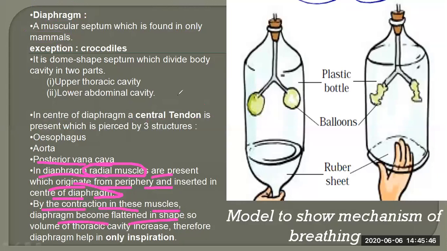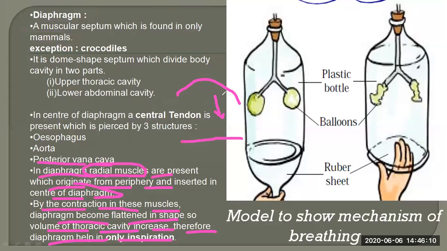Previously the diaphragm had a dome shape, and when contraction takes place, it becomes flat. So the volume of the thoracic cavity increases, and therefore the diaphragm helps only in respiration.